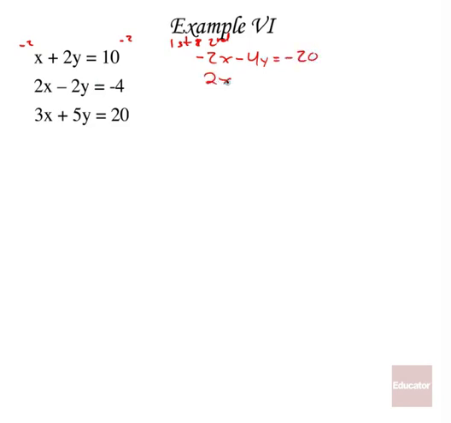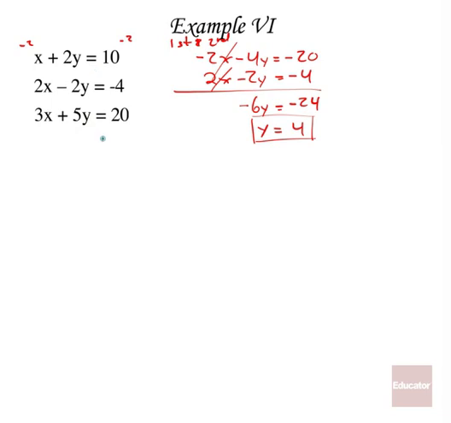And this one we leave the same: 2x minus 2y equals minus 4. When we add, the x's cancel. We're left with minus 6y equals minus 24, and then we're left with y equals 4 again. That's just the same thing that we had before.